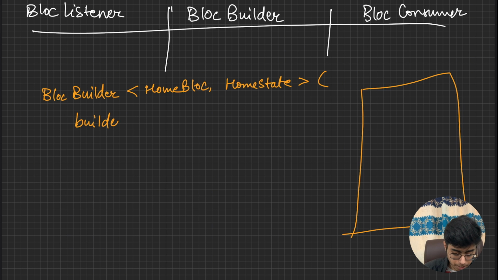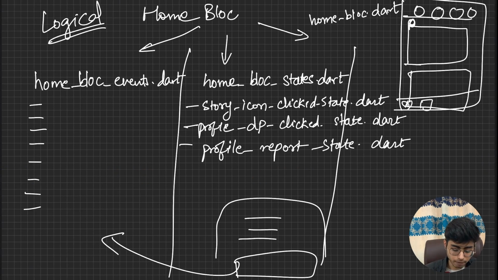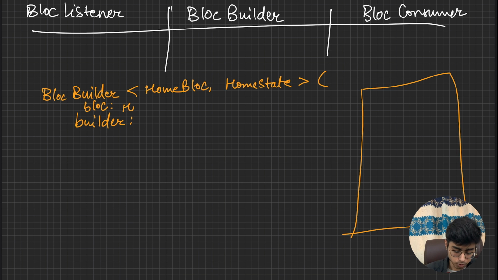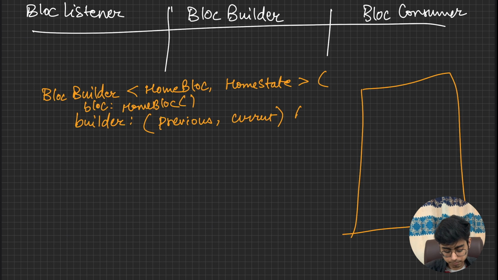And it will have a builder property. It will not have a listener property. It will have a builder property. And after this builder property, we also have a bloc property in which you have to define the file name, which is this HomeBloc. So you have to define the class name as HomeBloc over here, or you can create an instance of this HomeBloc. And this builder will again have previous and current.